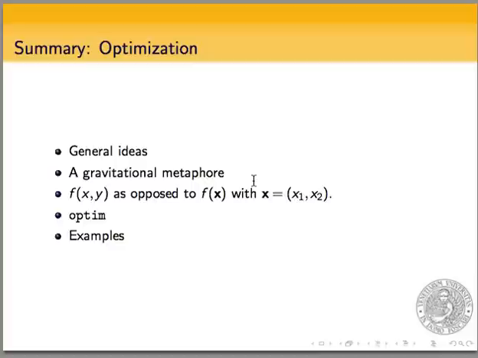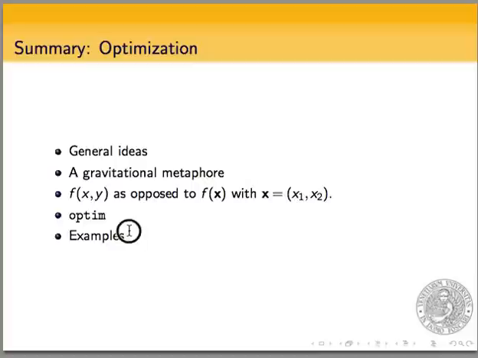And in particular, we will have to explain why using a function of two variables x and y is useful to do something, but in order to optimize it, we then have to slightly change the definition of the function, and we will use f of x, where x is a vector with two components, for example x1 or x2, or as they are often called x and y.